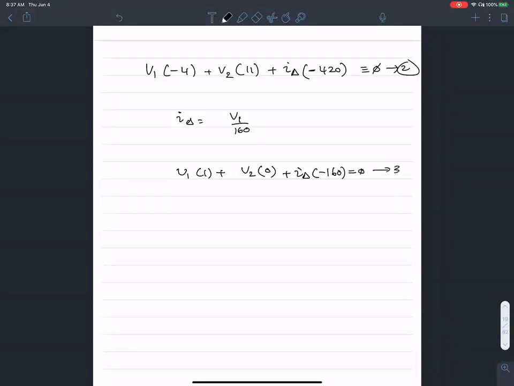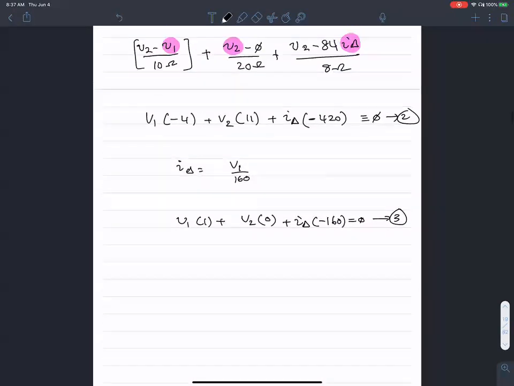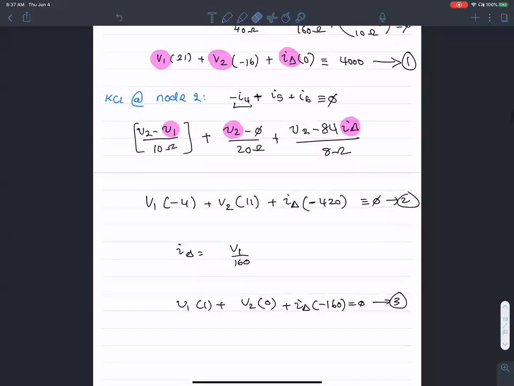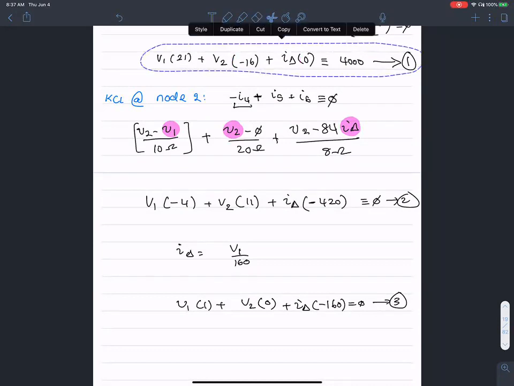So I have 3 equations here and 3 unknowns. Let me bring them all together. 3 equations, 3 unknowns, I can plug them into MATLAB.